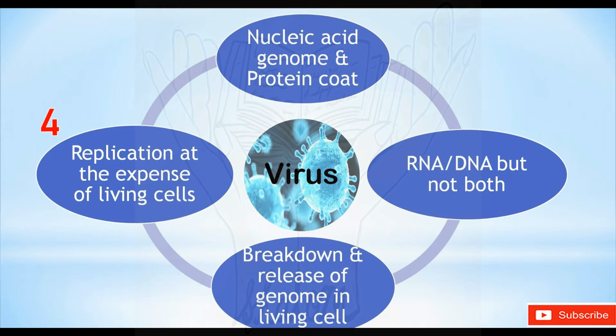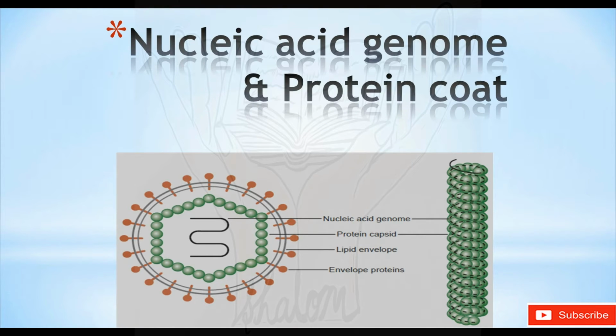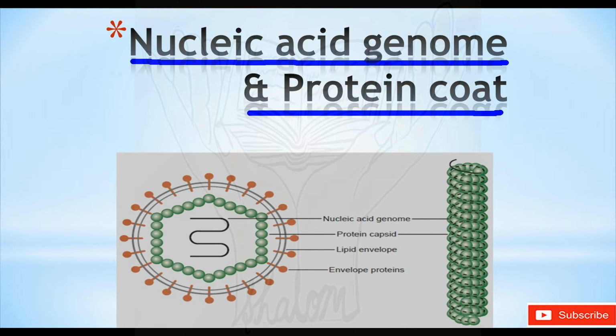And the fourth is replication of the virus at the expense of infected living cells. So we'll be covering all these four characteristics separately. So now let us look at the first characteristic of a virus, that is nucleic acid genome and protein coat.